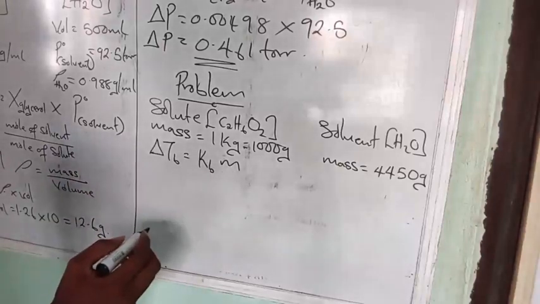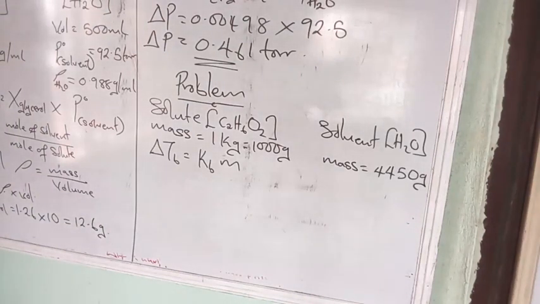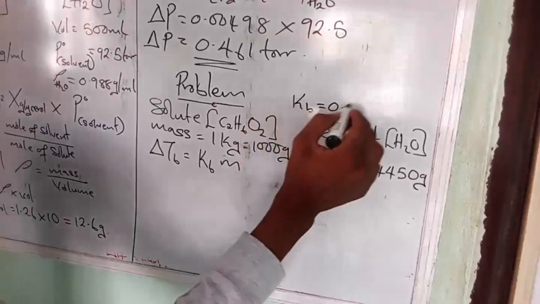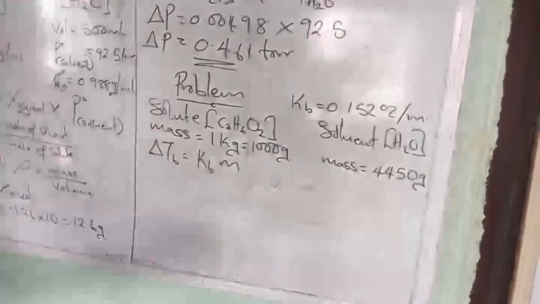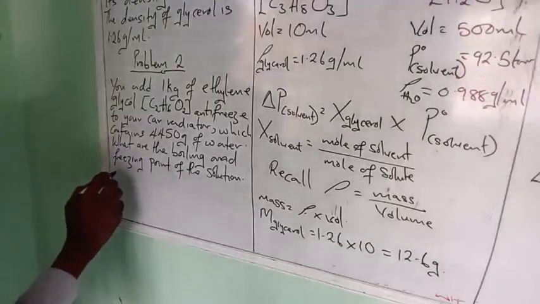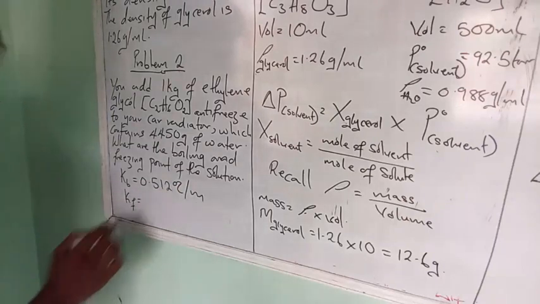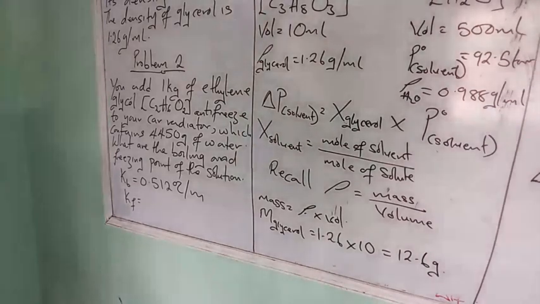We have to get the molality first. The Kb was given to us in the question: 0.512 degrees Celsius per m, and your Kf was also given, and that is 1.86 degrees Celsius per m.